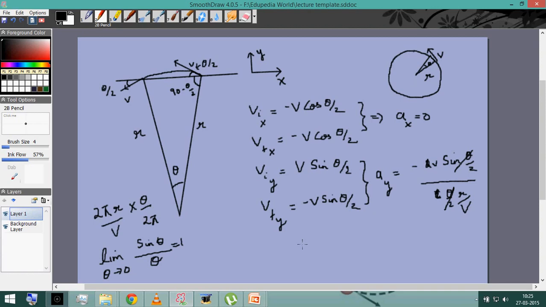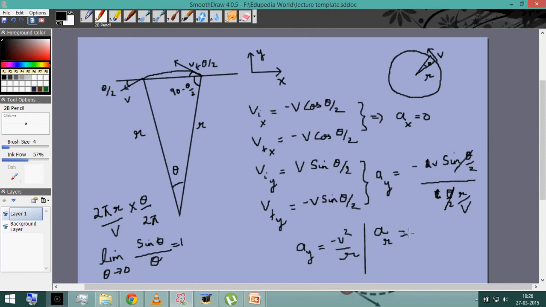We can take this 2 downstairs and write it as theta by 2. So sine theta by 2 is approximately equal to theta by 2, because remember I have taken theta to be very, very small. This is an enlarged figure of this, and the closer I take theta to be, the closer I get towards instantaneous acceleration. So these can cancel, and what I am left with is a y equals minus v square by r.